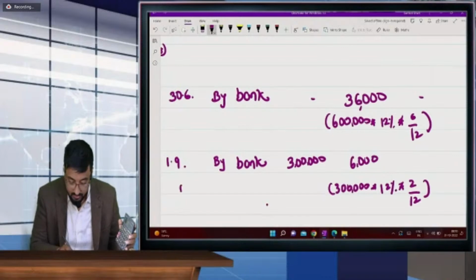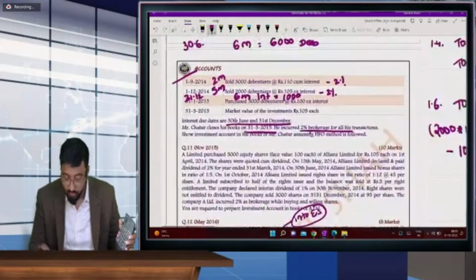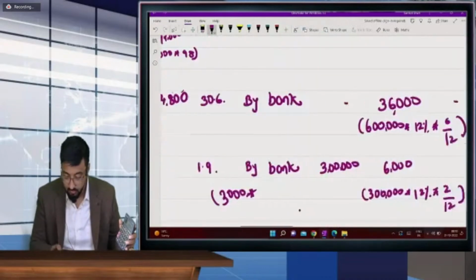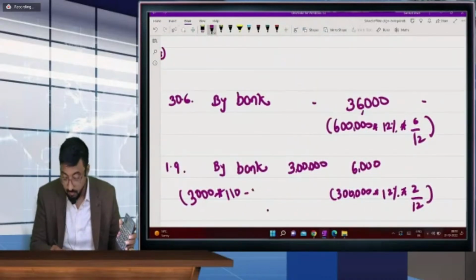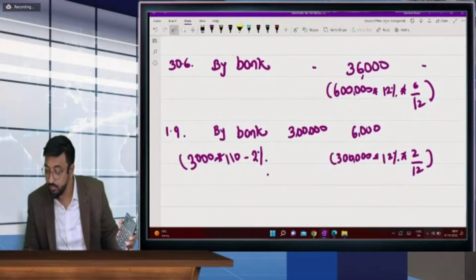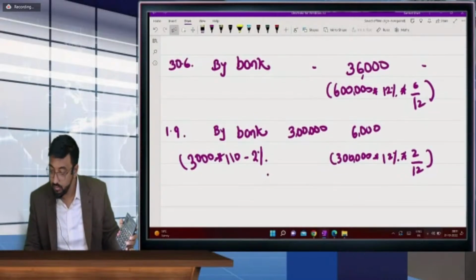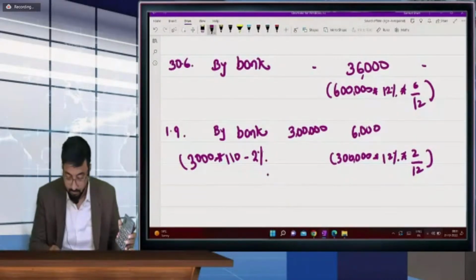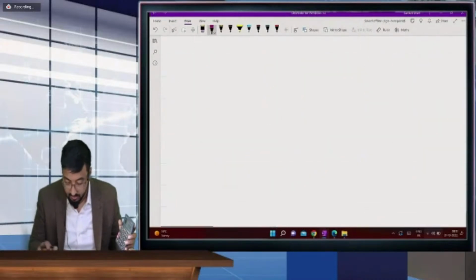At what price? 3,000 into 110 minus 2%. And then minus 6,000 because it's a cum interest.